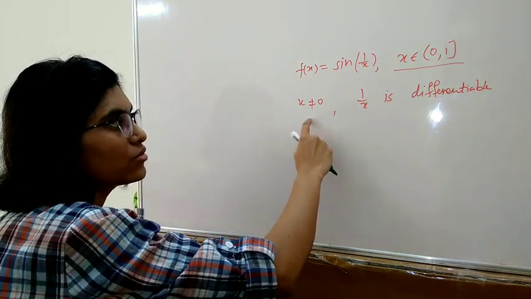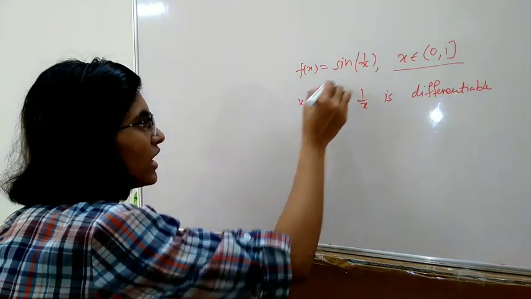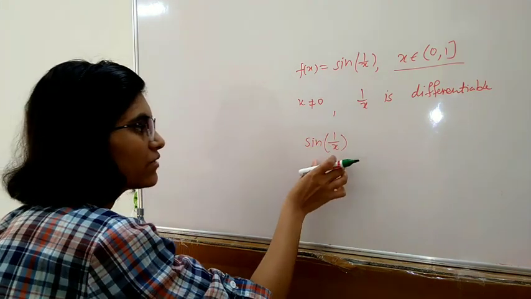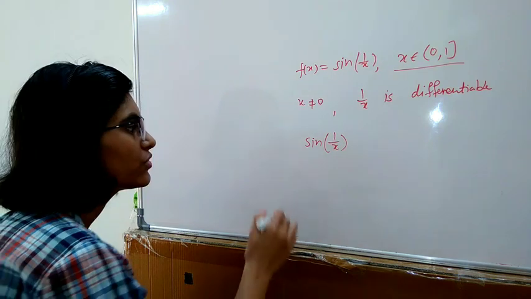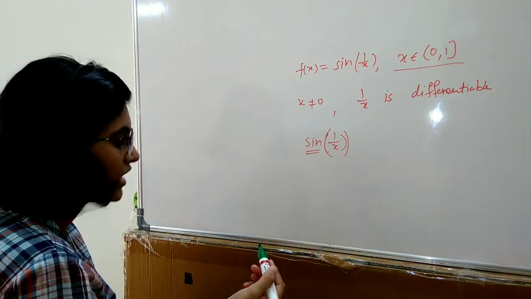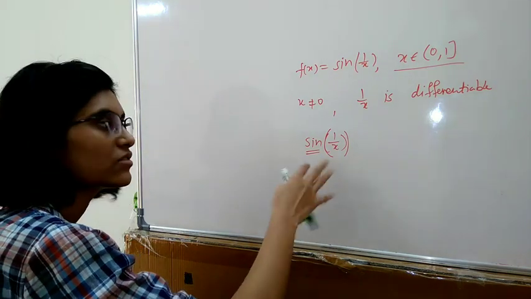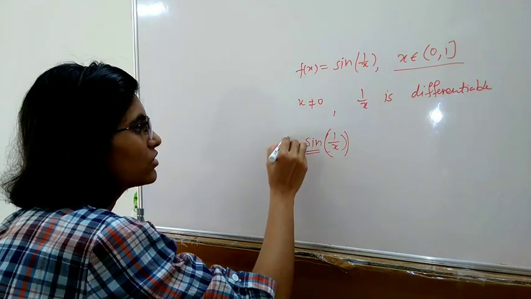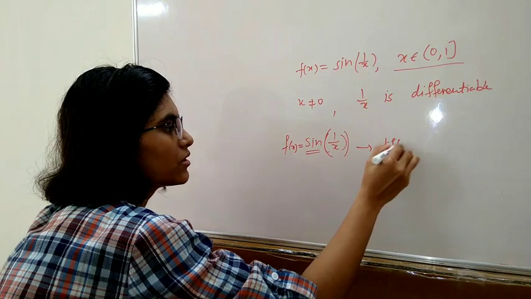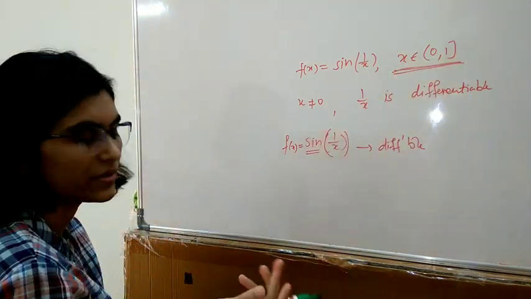Here x is not 0, so 1 by x is differentiable. And f(x) is just sine of 1 by x, which is a composition of this differentiable function with sine, and sine is differentiable, so the composition of two differentiable functions is also differentiable. So f(x) is a differentiable function on this domain, (0, 1].